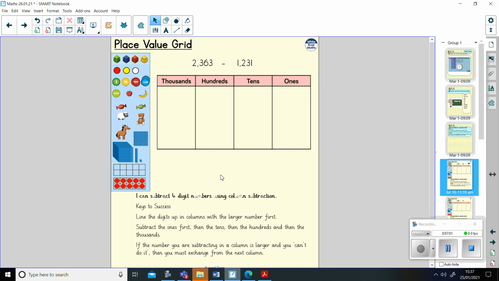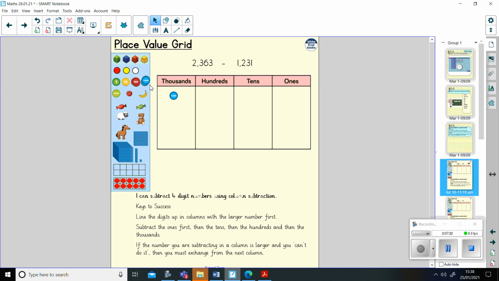So to start with, I'm going to subtract 1,231 from 2,336. So I'm going to make my 2,336 to start with.